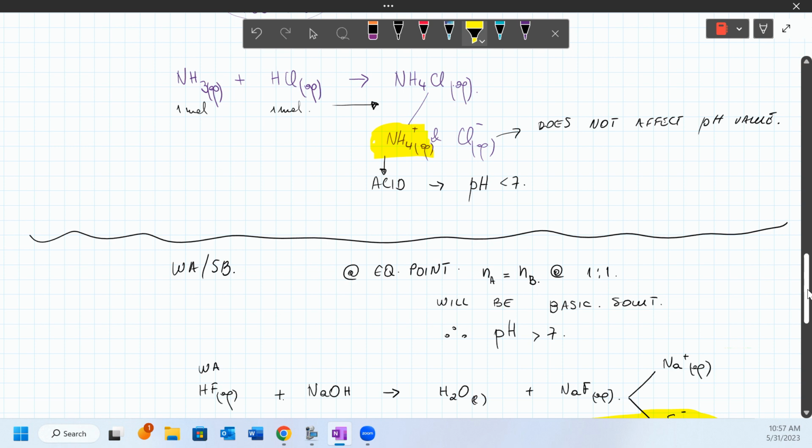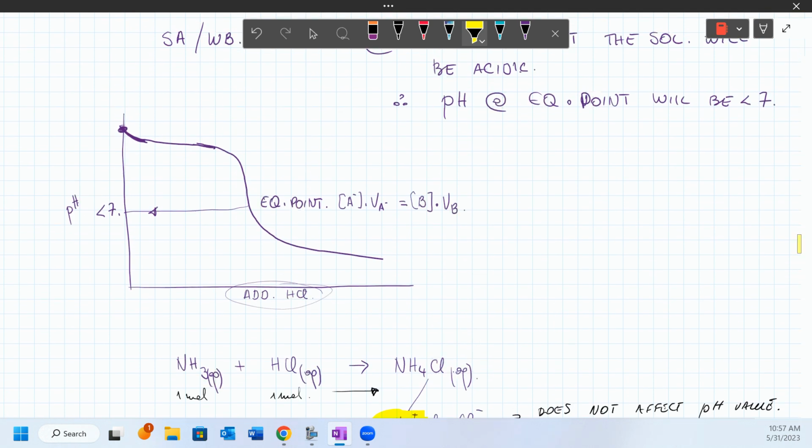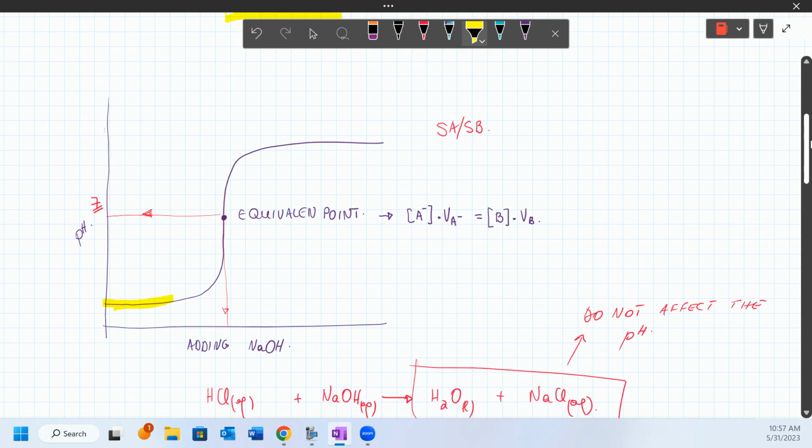The same logic applies in the second graph here. We do not consider the part that curves up or curves down for the weak, but this will be the buffering region. And then for the strong acid and strong base, this one here will be the buffering region. The buffering region is just from the beginning until the pH starts to increase rapidly. As you see here, it is increasing rapidly.